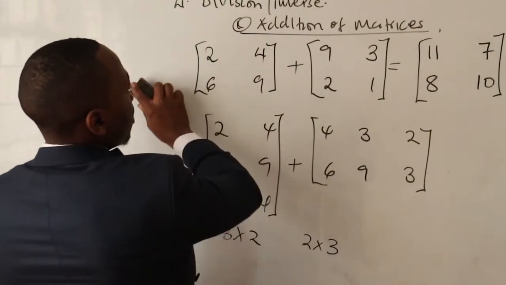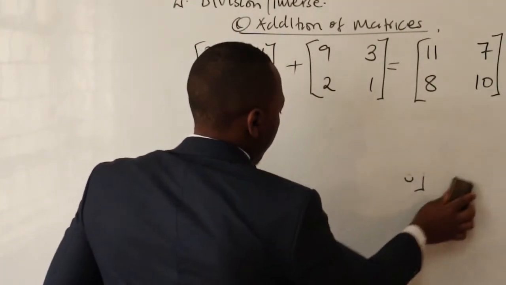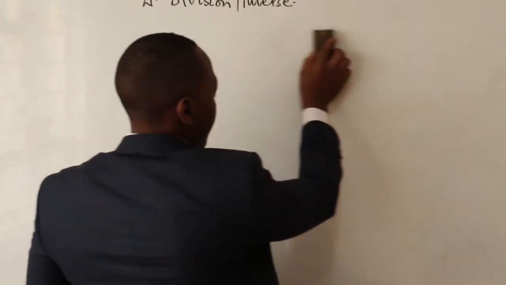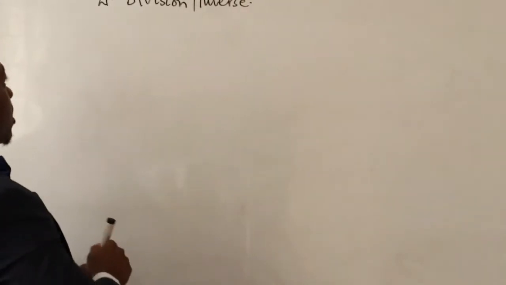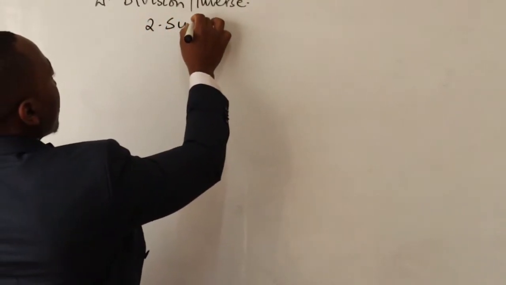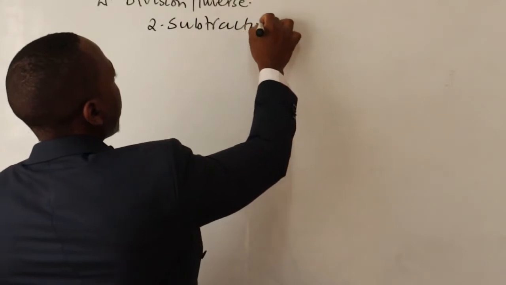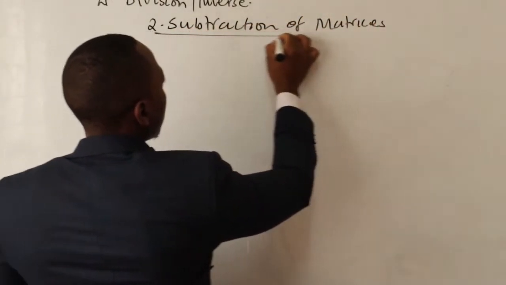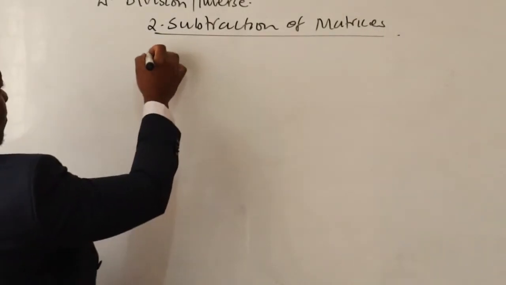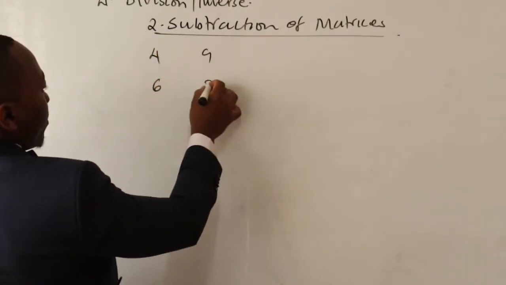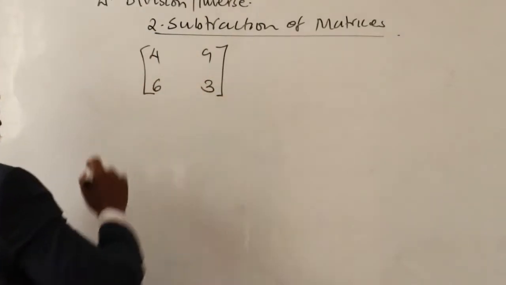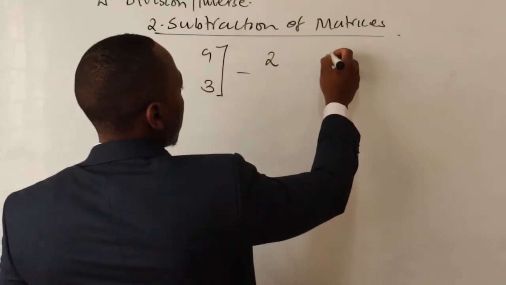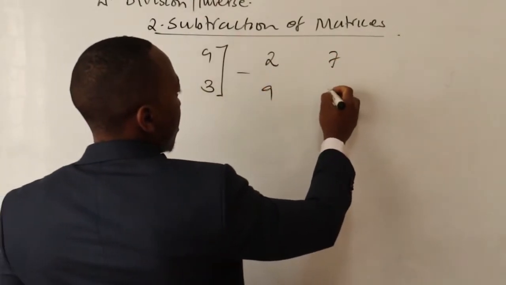What about subtraction of matrices? Subtraction and addition are almost the same. So number 2, we are looking at subtraction of matrices. Assuming you are given 4, 9, 6, 3, a matrix like that, you minus 2, 7, 9, 4.